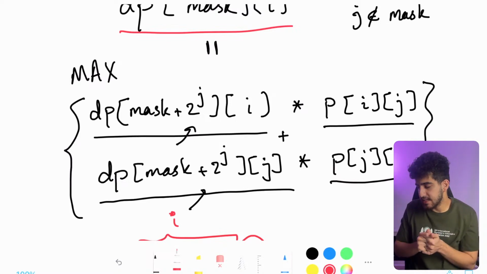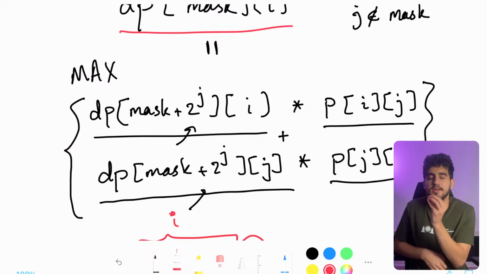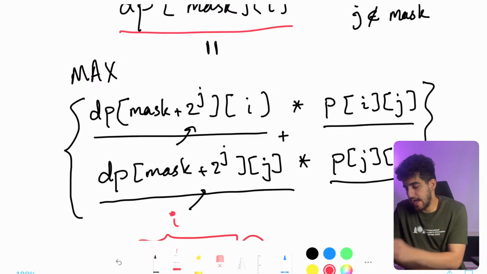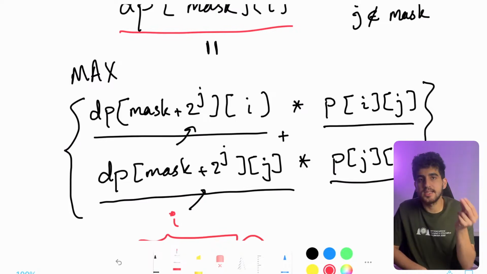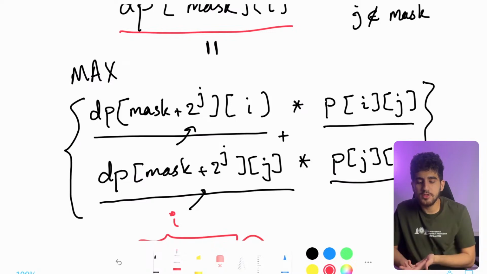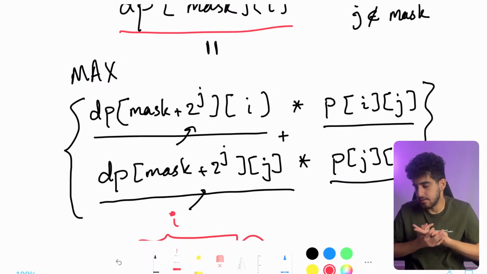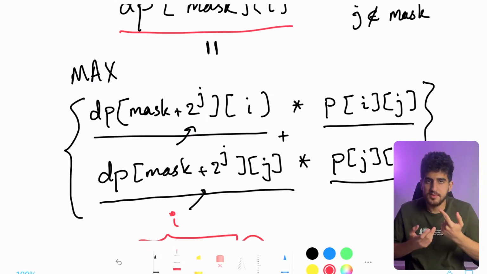So I have to say that if i kills j, what is the probability that 1 will remain alive if that occurs? And if j kills i, in that case, what is the probability that person number 1 will remain alive? There's some good outcome that we're looking for: that person number 1 will remain alive.